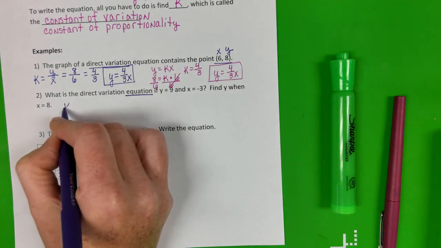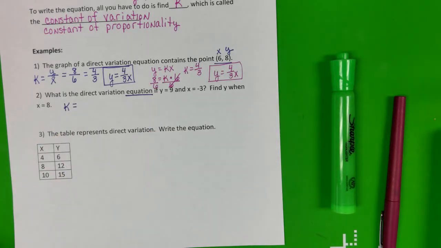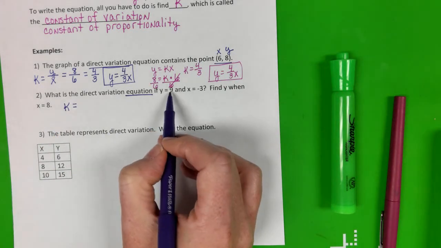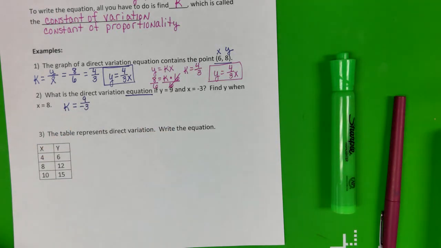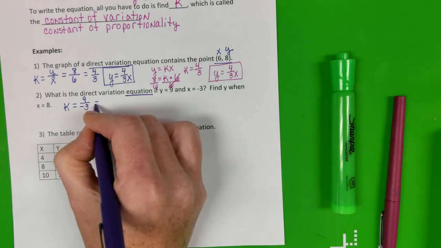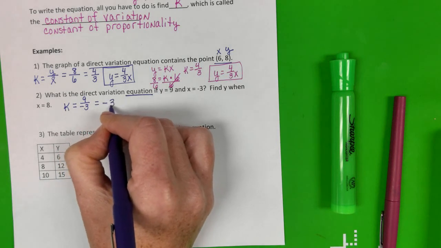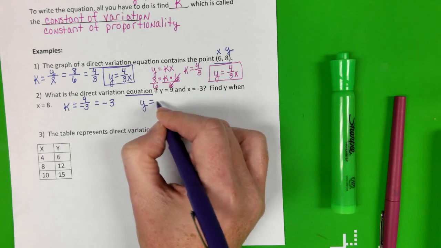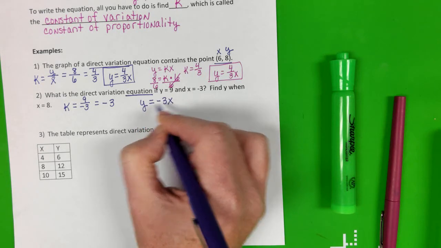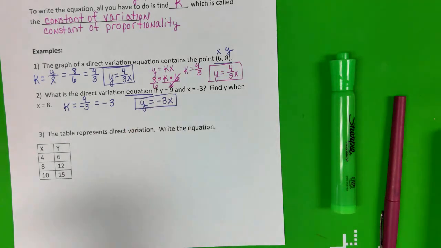So we still need to find that k value. So y over x, so 9 over -3, which is 9 divided by negative 3, is negative 3. So our equation is y equals negative 3x. Okay, that's one answer.